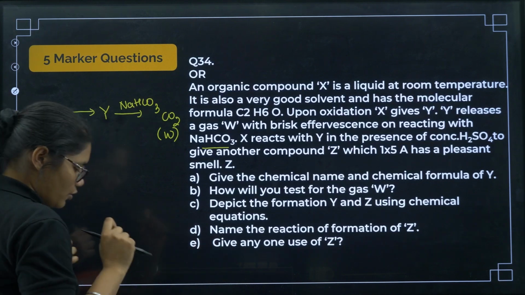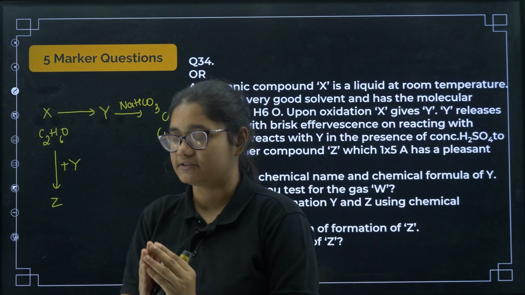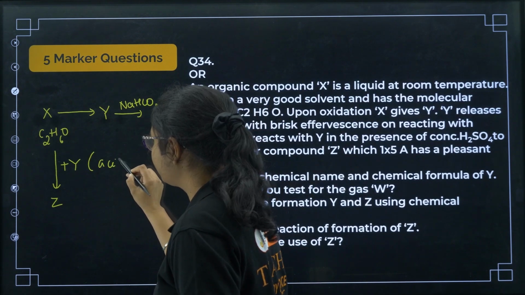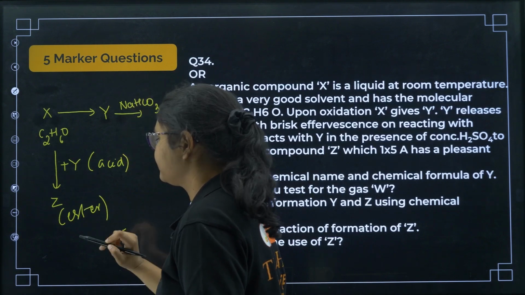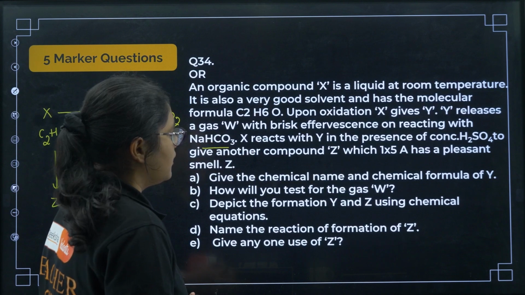So if this is alcohol, and we know alcohol reacts with acids to give you pleasant smell esters. So this is alcohol, this is acid, and so that is why Z is your ester, right? So that is there. Fine.